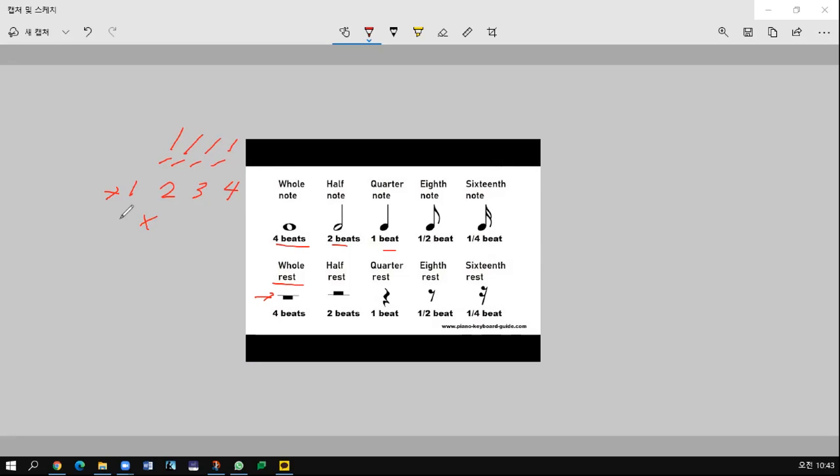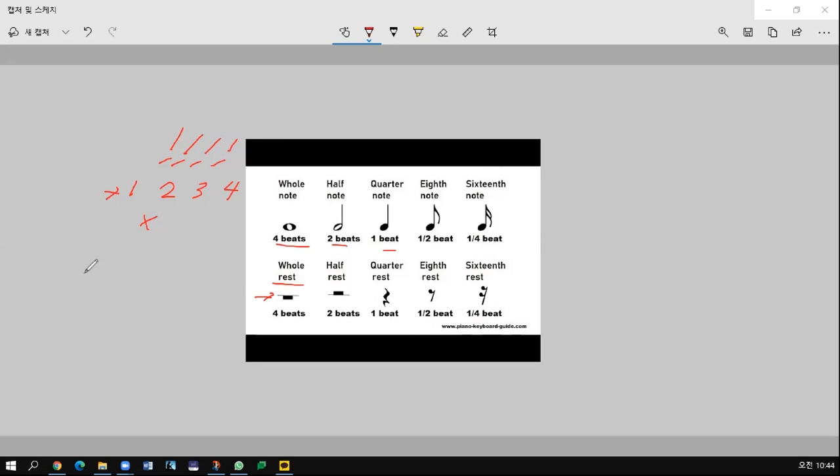Okay, so that is a rest instead of playing the keyboard or any instrument, because this theory works for every instrument, right? We share the same theory. So for the rest, instead of playing the beats on the instrument, you need to rest. But the value, the duration, is going to be the same. Okay, so let's look at the quarter rest.